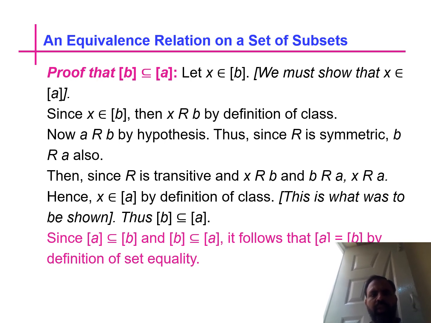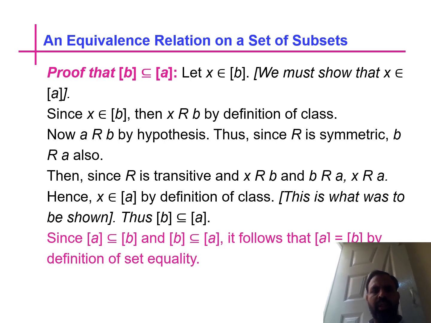Now a is related to b by hypothesis. Thus, since R is symmetric, b is related to a also. Then since R is transitive, and x is related to b and b is related to a, x is related to a. Hence x belongs to the class of a by definition of the class. This is what we had to show, so it means the class of b is a subset of the class of a.